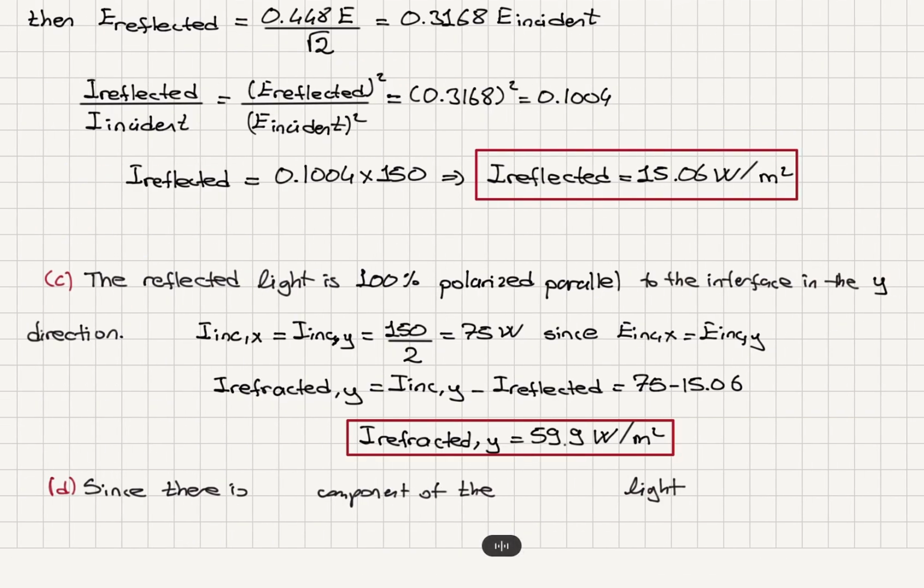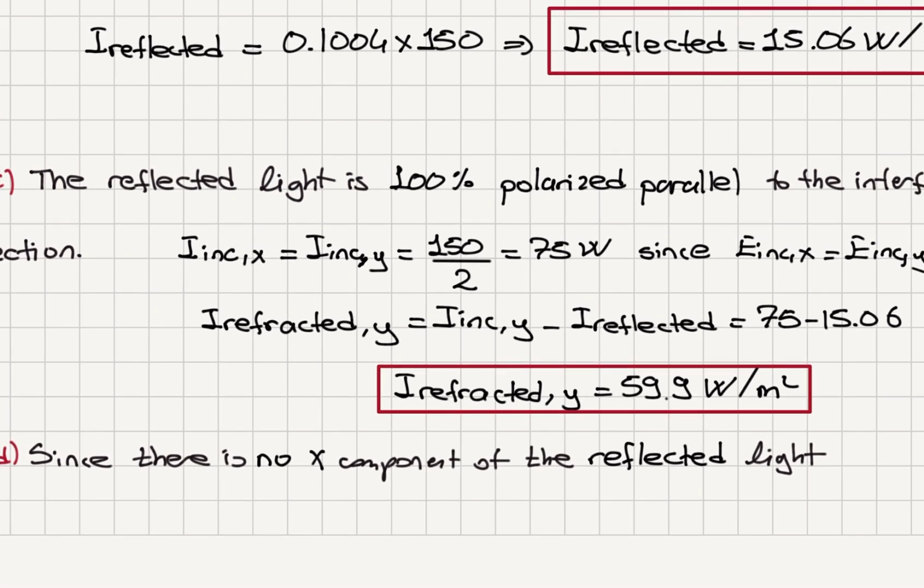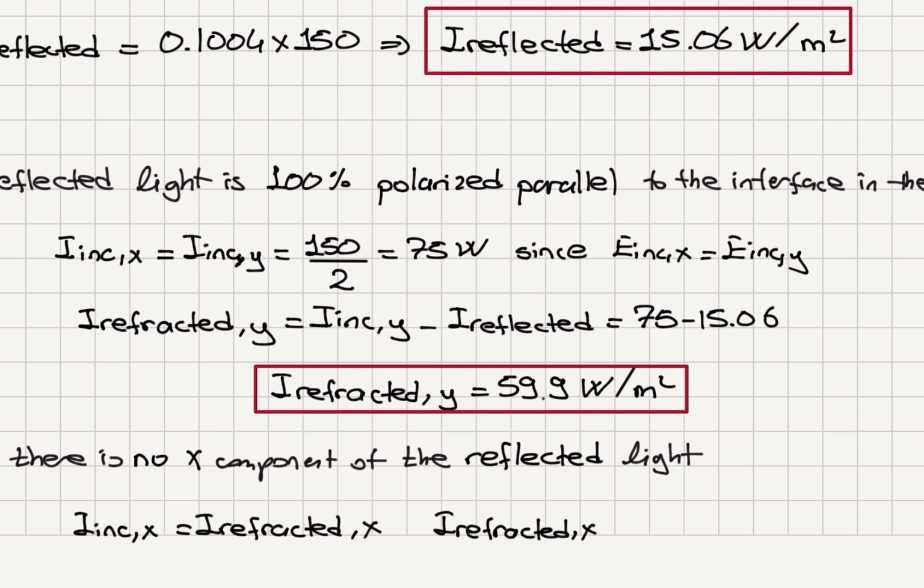Now, since there is no x component of the reflected light, doing the same energy conservation argument here, incident beam intensity x component must be equal to the refracted beam intensity x component. So we find that the refracted beam has an x component with intensity 75 watts per meter squared.